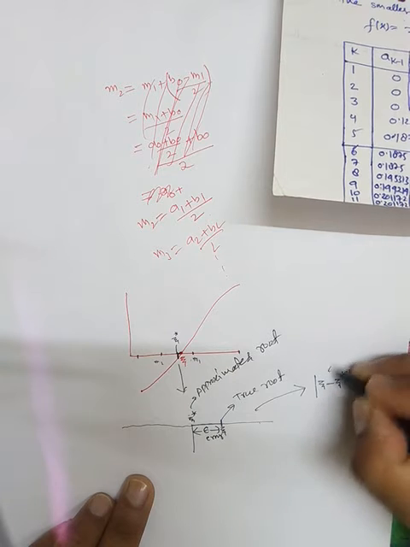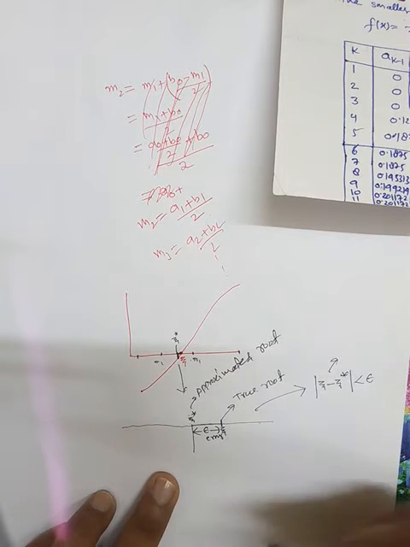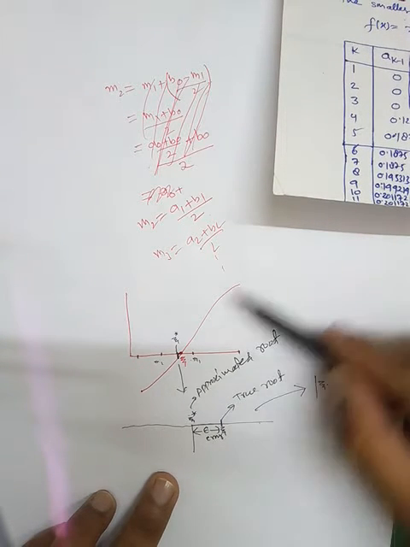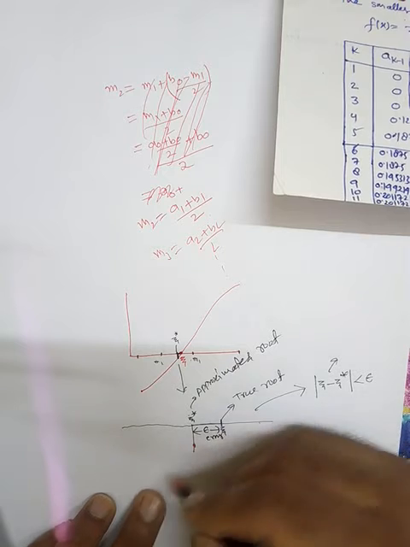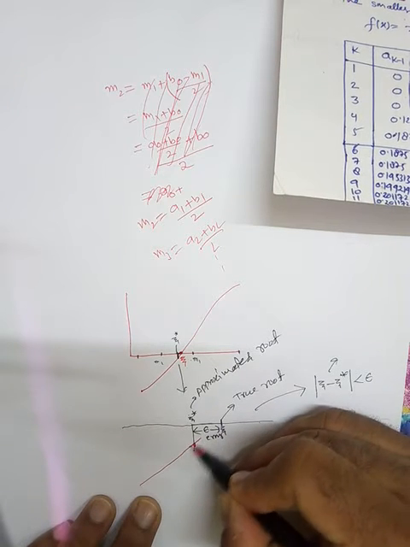This is one way. The second thing is that you can see the function is of this form, so suppose the function is moving like this.